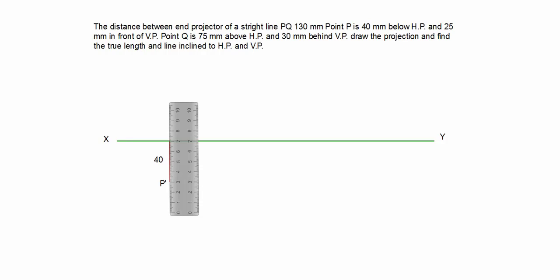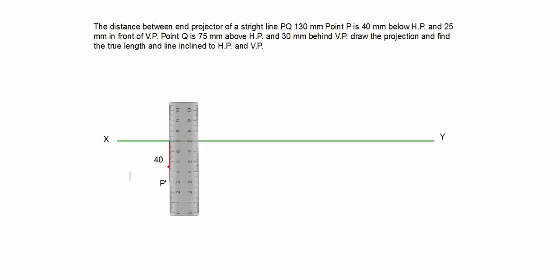So again, 25 mm in front point is always below XY line. So we move the 25 mm and we mark the point. It is our plan point P.